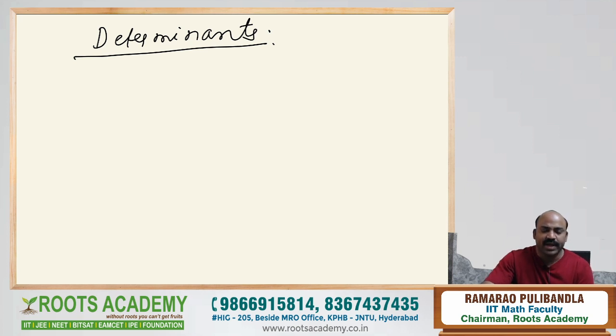Right, students? Put the heading determinants. So in this we are going to learn determinants. Very simple but highly useful for the students who are aspiring to be good at physics. For physics, this determinants is a wonderful topic, students.